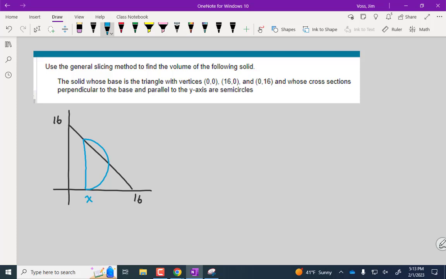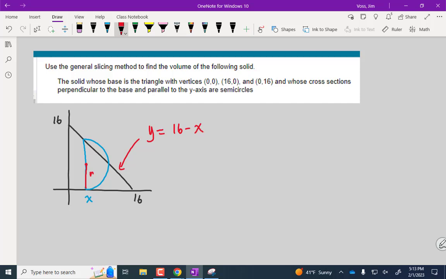We use a vertical element because they say we're parallel to the y-axis. The area of a semicircle is determined by its radius. The radius is not the function, right? This function is y equals 16 minus x. Slope -1, y-intercept is 16.